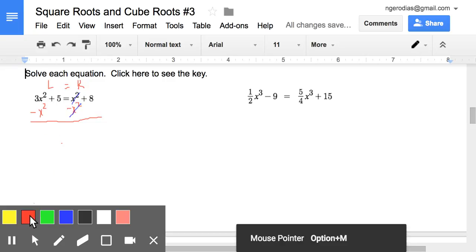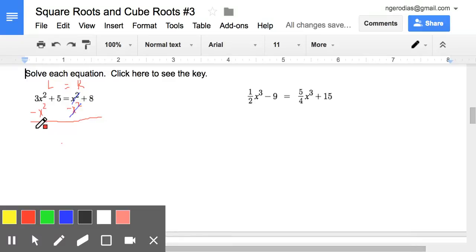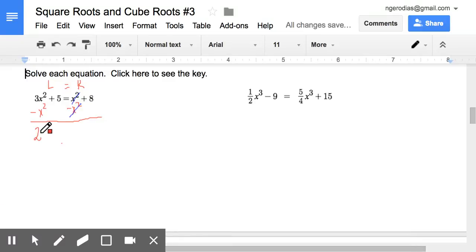And therefore, when we simplify, we'll have here 2x squared plus 5 equals 8. Now we notice that there's no more x squared on the right side, but on the left side we have 2x squared plus 5.